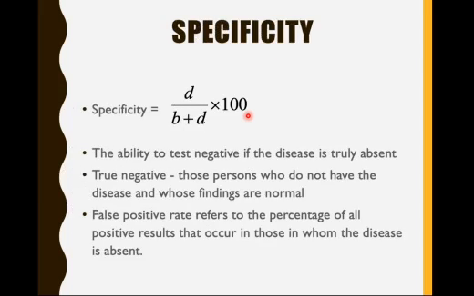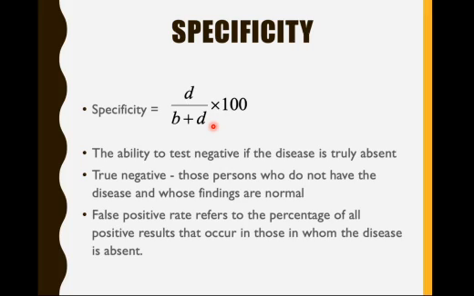Now, let's go to the specificity. The specificity is the ability of the test to test negative if the disease is truly absent. So, among those who don't have the disease, that's actually the B and the D, among those who don't have the disease, how many of them will test negative?